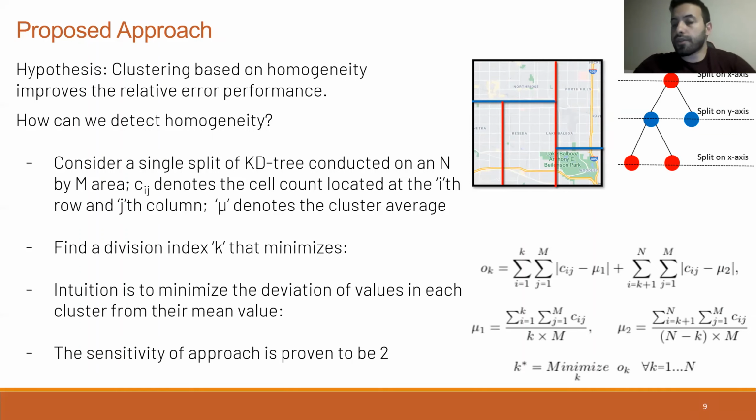At every split of the KD-tree algorithm, the HDF algorithm evaluates the objective function for a set of candidate splits. Here we apply a differentially private algorithm on top of these candidates and choose the one which minimizes the objective function.